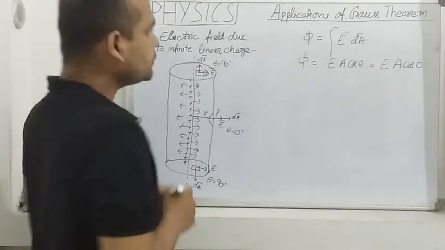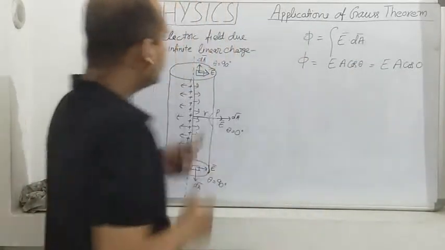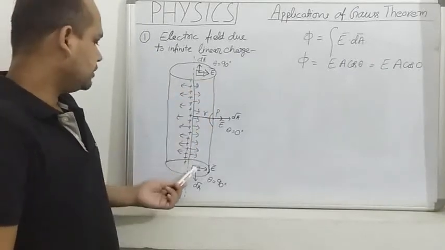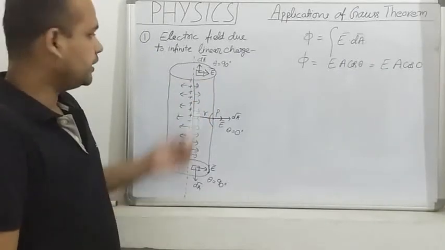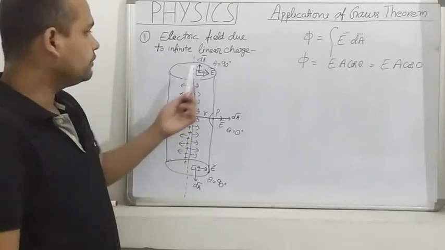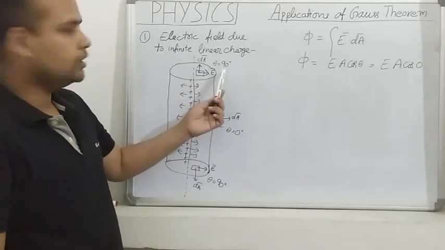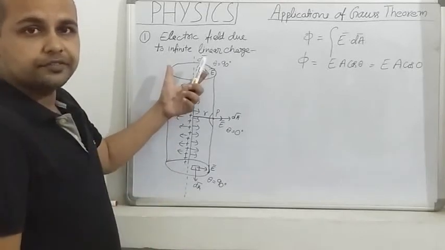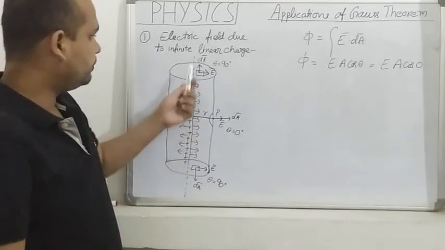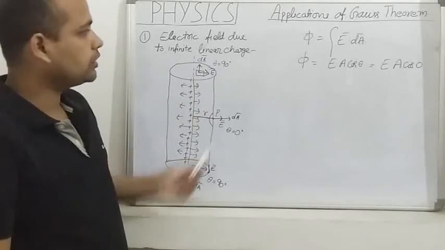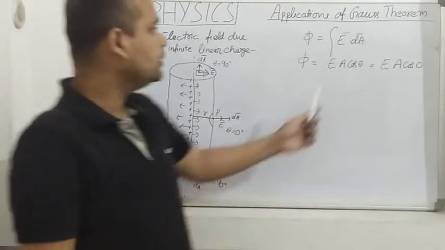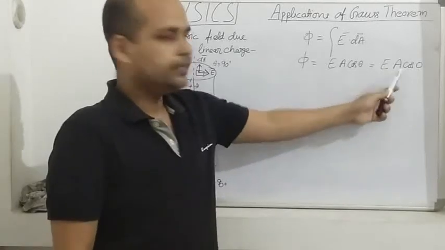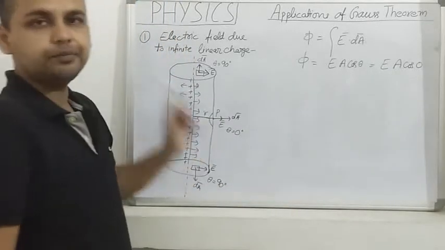Note that the electric flux due to the plane faces of the end of the cylinder will be 0, because theta is equal to 90 degrees. So we will not include the surface area of the plane faces here. Here the area A will be due to the curved part only.